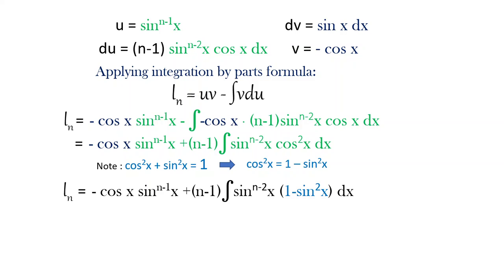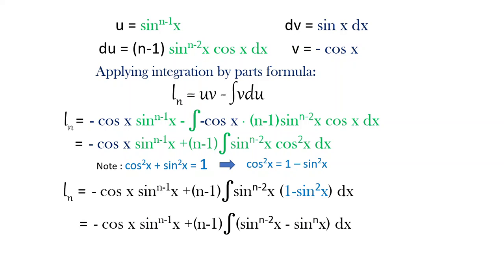From this stage, inside our integral, we're going to distribute that product. So we're going to say sin to the power n minus 2 of x, and then we distribute it inside the bracket.